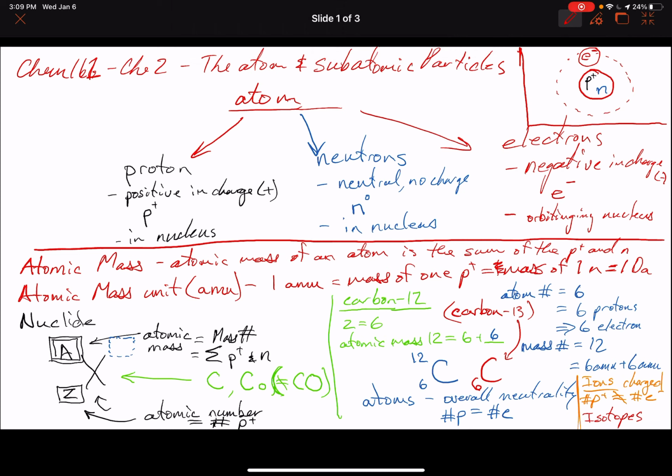So to give an A value that's larger, that is 13, we're going to need that information reflected here. Okay, so notice that these two are not equivalent, and one is indicating carbon-13, and one is indicating carbon-12.